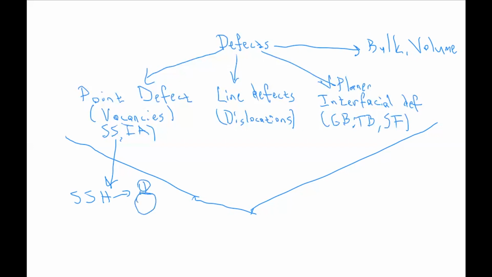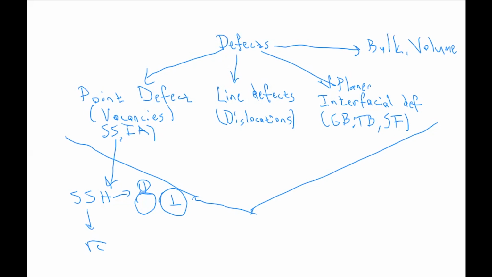If it's screw, it will create a shear field. Then the stress field of defects interacts with the stress field of dislocation, and they create additional hardening, and solid solution strengthening is linearly proportional to the square root of C.